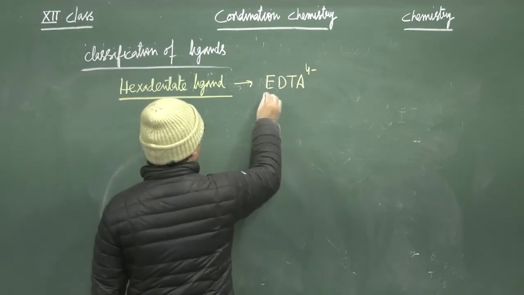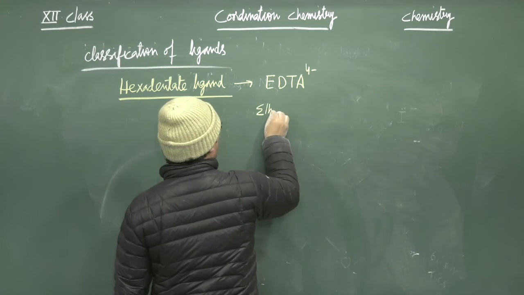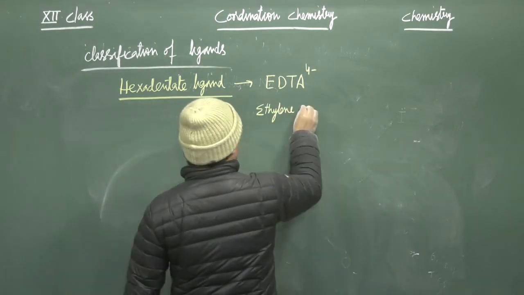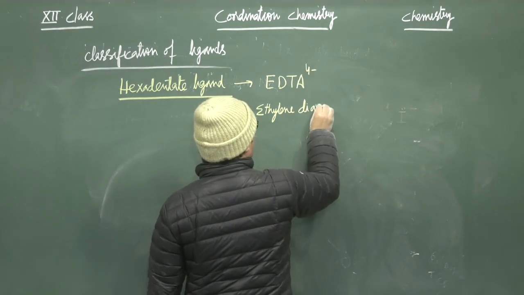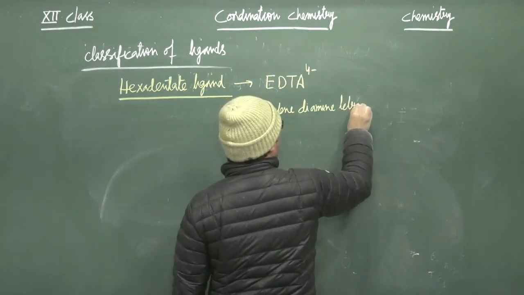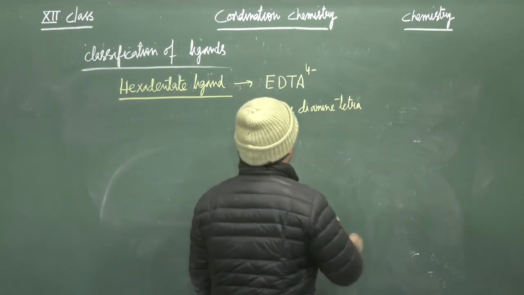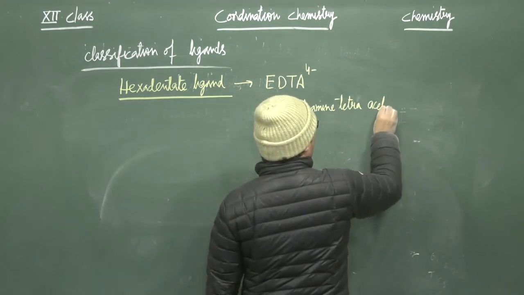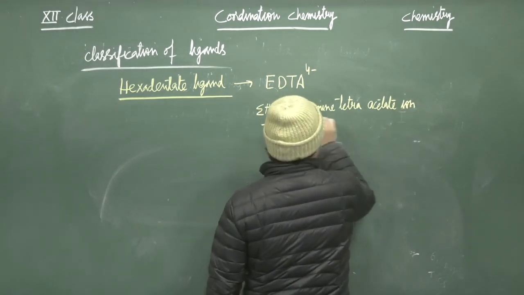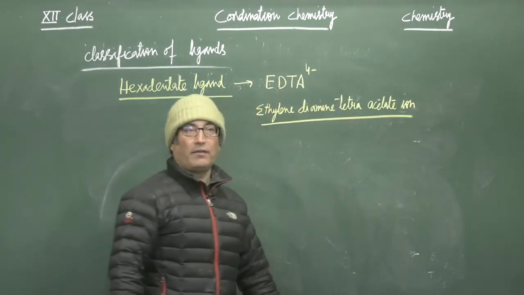What does it mean? E means ethylene, D, diamine, tetra, acetate, ion. Ethylene diamine tetraacetate ion.